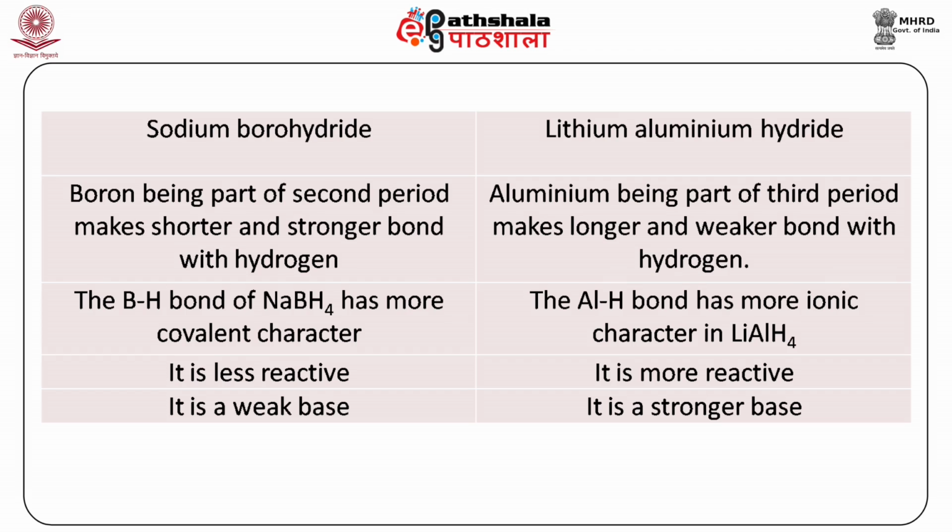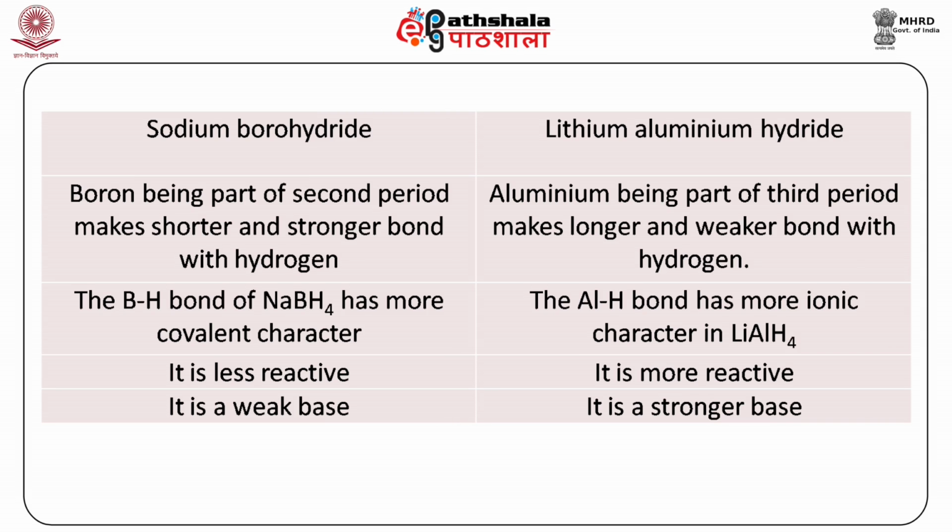If we compare these two, there is a lot of difference in terms of reactivity of sodium borohydride and lithium aluminium hydride, as we can see in this tabular format. In sodium borohydride, the boron, being a second period element, makes a shorter and stronger bond with hydrogen. On the other hand, in lithium aluminium hydride, aluminium being a third period element makes a longer and weaker bond with hydrogen.